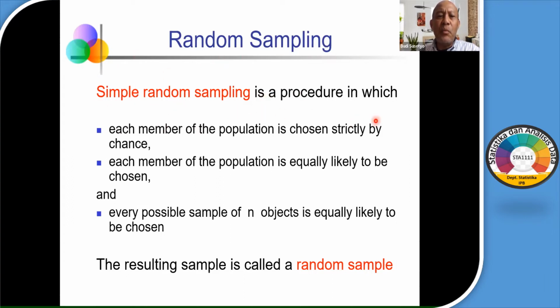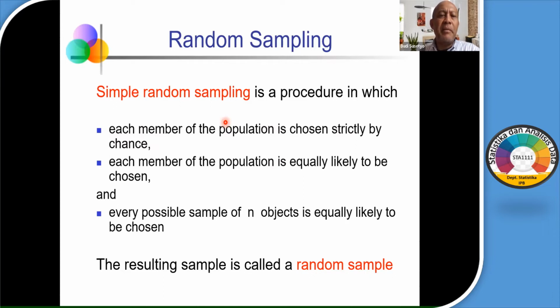It is produced in which each member of the population is chosen strictly by chance. That means every individual in the population has the same probability or possibility to be chosen.